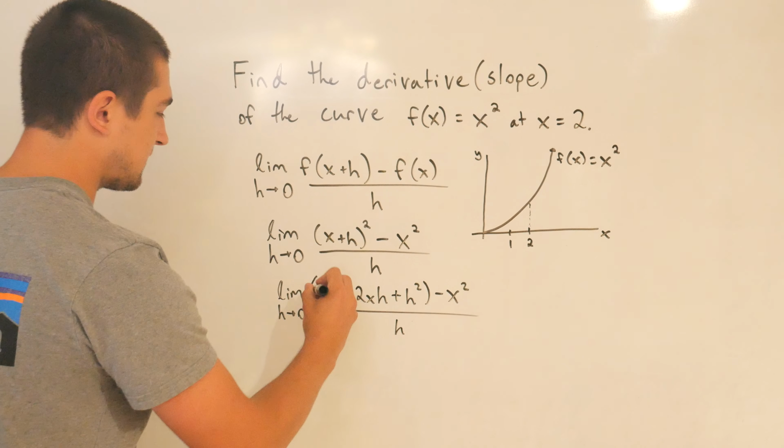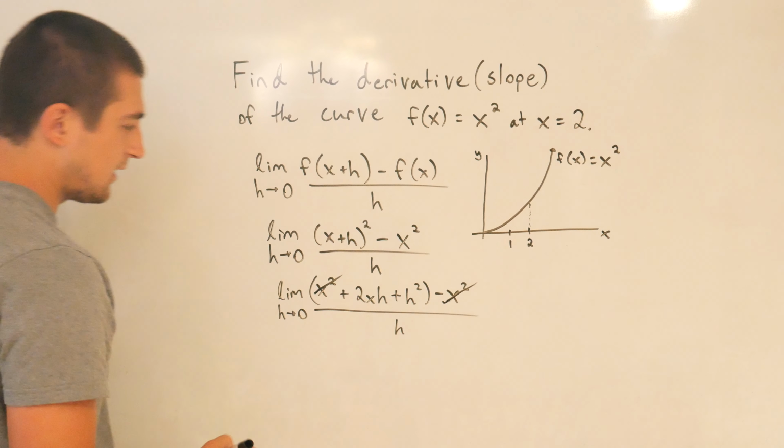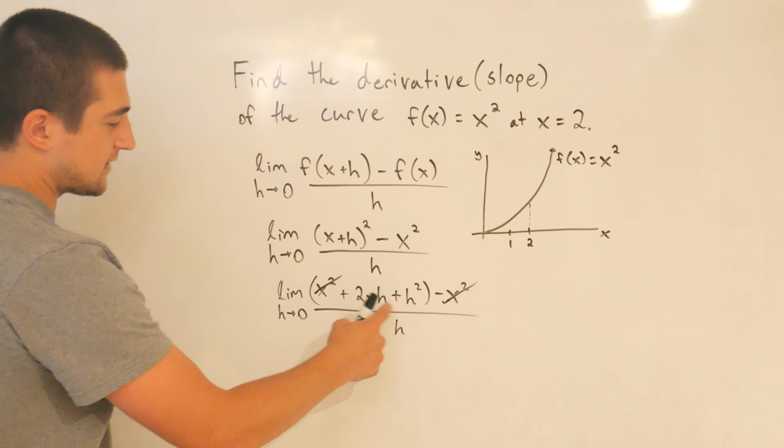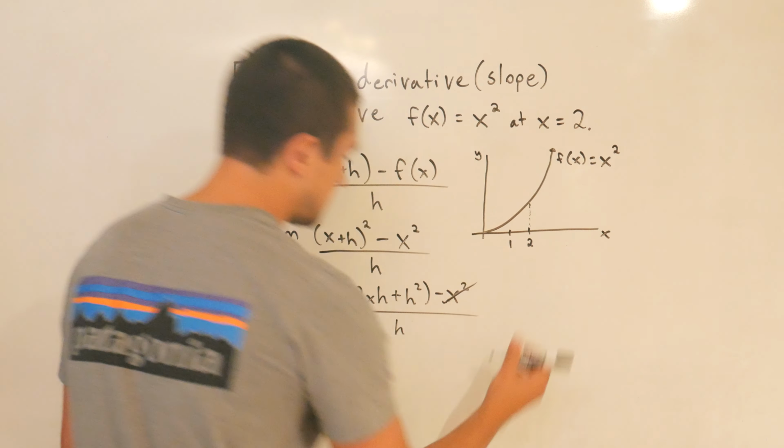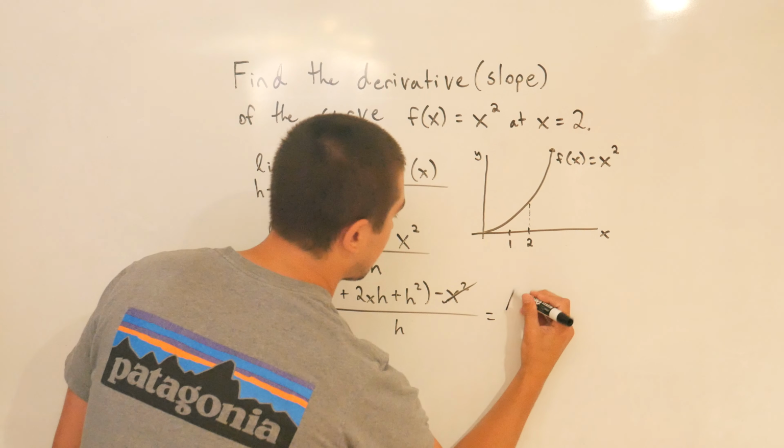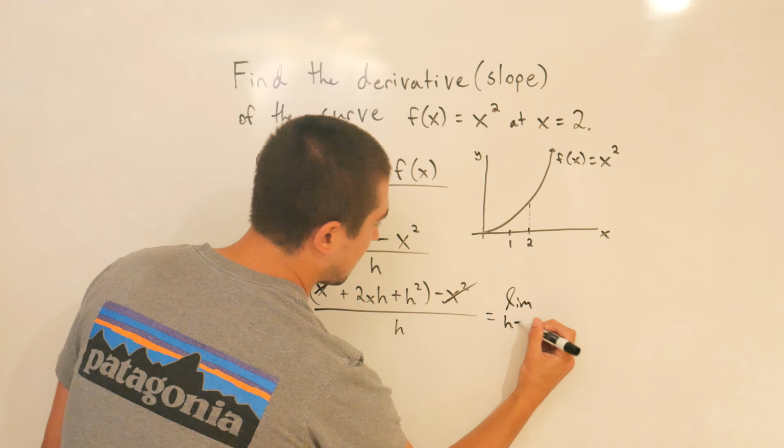And these x squareds become 0. And so we have 2x times h plus h squared divided by h. Gotta write out the limit every time. Can't forget that.